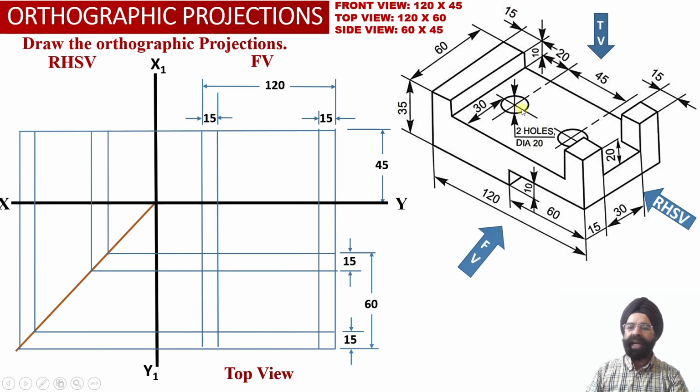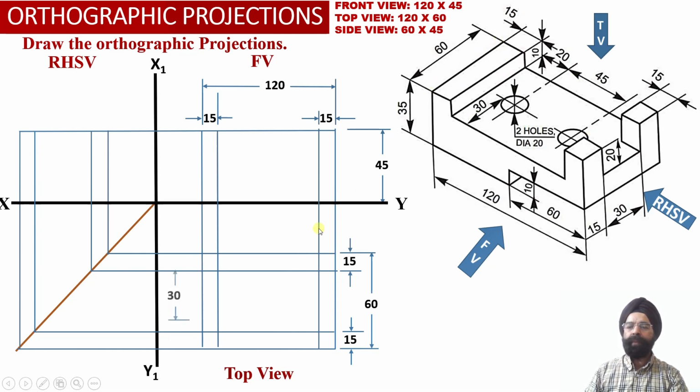So now we know that there are two circular holes which have been provided over here. What is the location corresponding to these two holes? We know that these two holes are available at the center of the solid as we are going to look at this solid from the right hand side view. So the total depth of the solid is 60 millimeter.